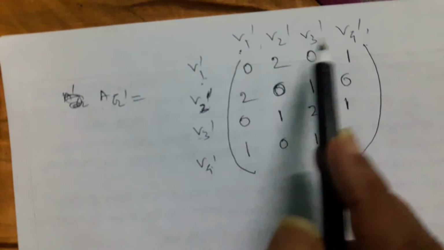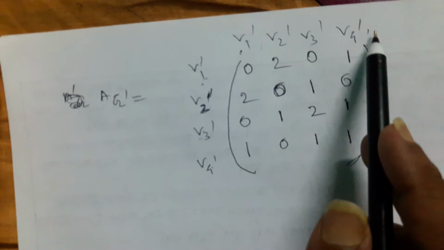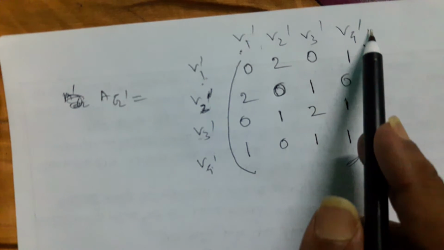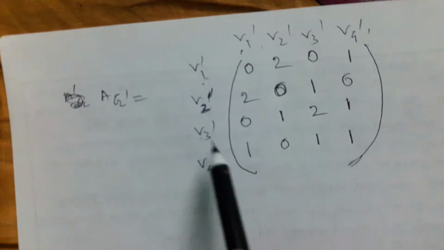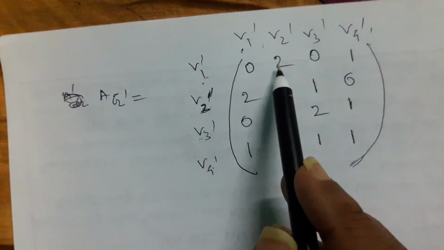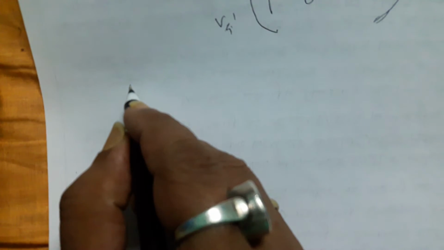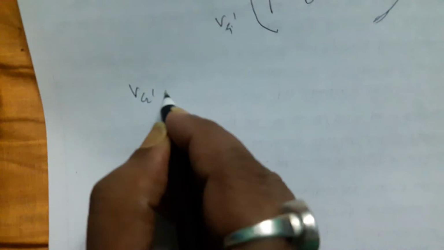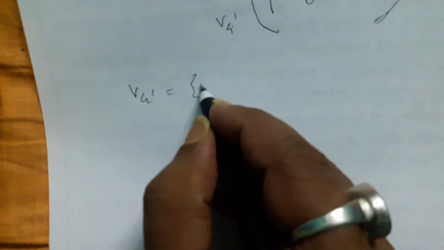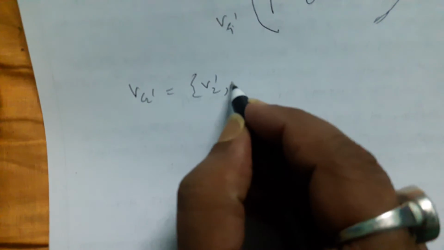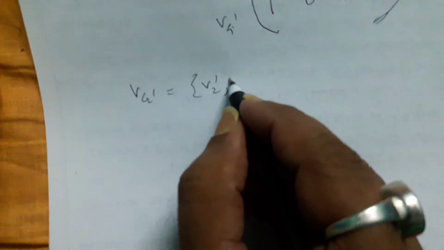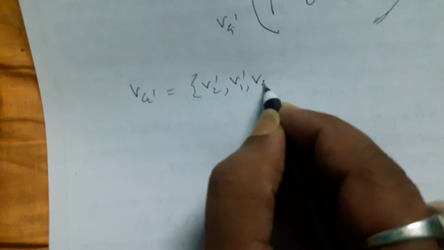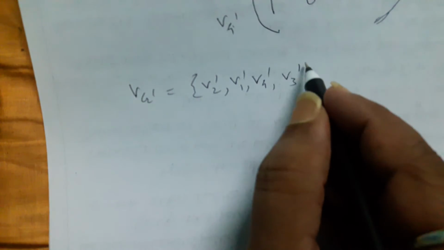And if we change the order, then the result will be changed, because if we take the vertices in a different order, V2 dash, V1 dash, V4 dash and V3 dash, clearly the result will change.